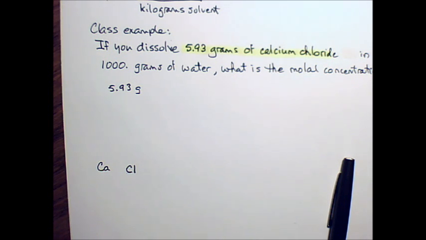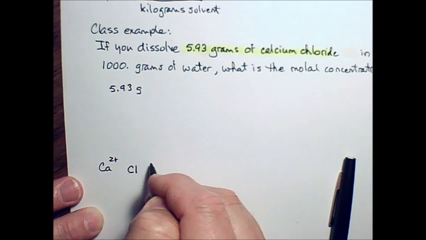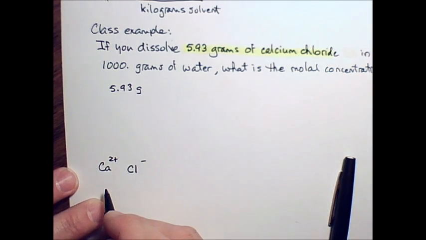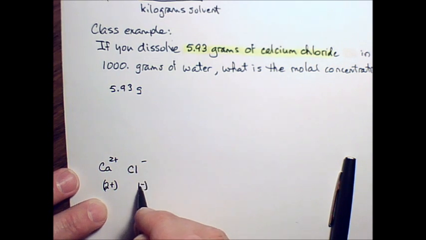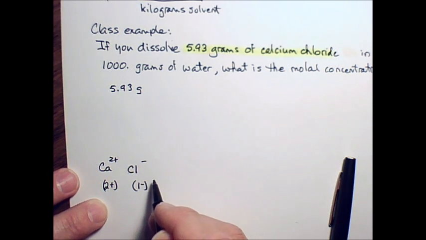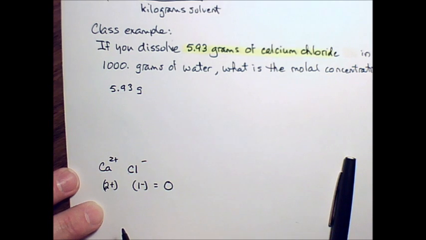All right, so we've got calcium with a 2+ charge, chlorine with a 1 negative charge. So we've got a particle that has a 2+ charge and a particle with a 1 negative charge. And what we want is a compound that has a 0 charge.